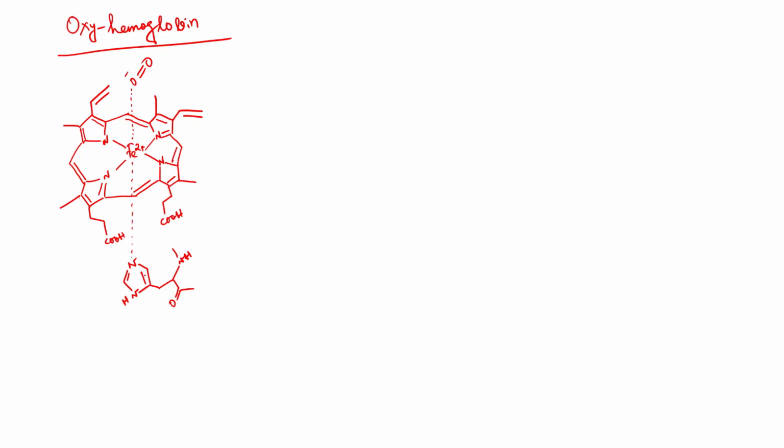Now coming to the structure of oxyhemocyanin. It is a copper complex where one oxygen molecule is bound with two copper 2 plus atoms. This is the copper 2 system.